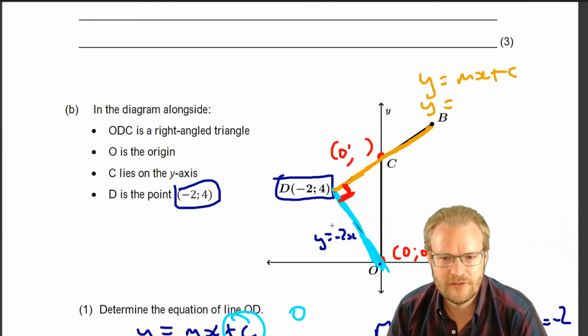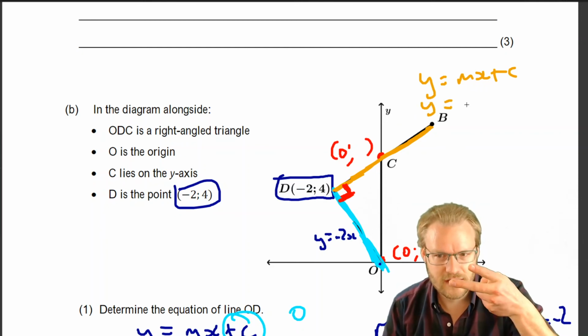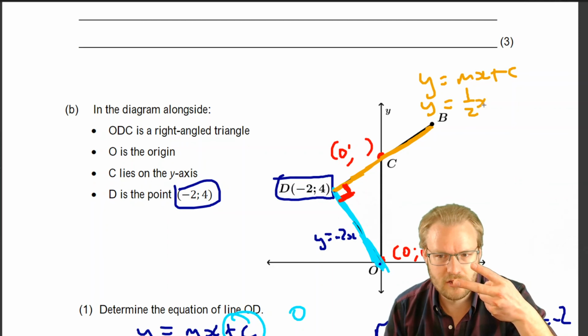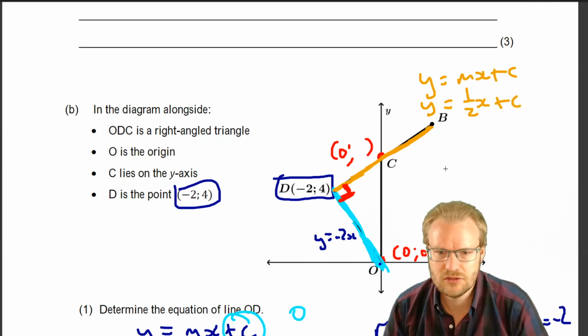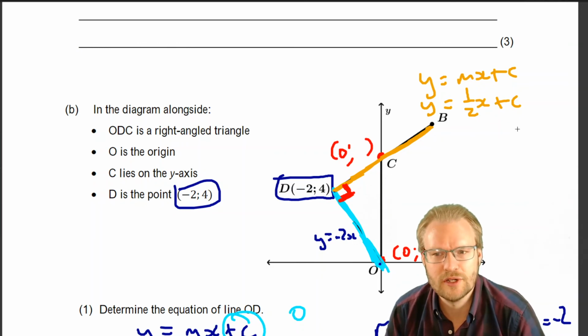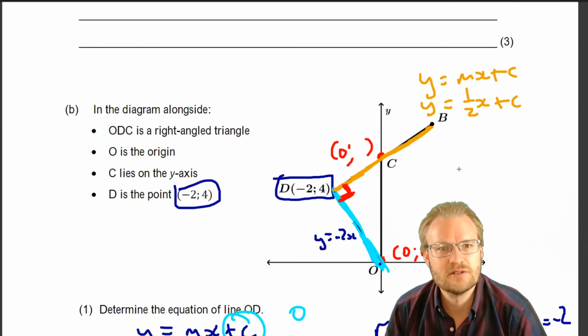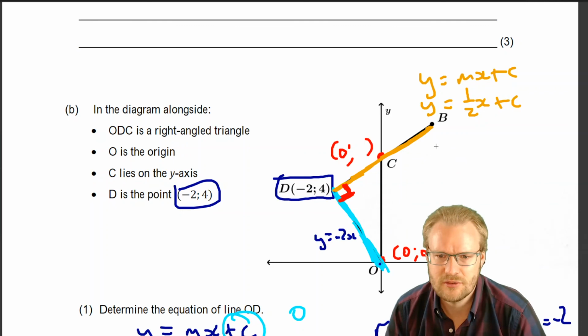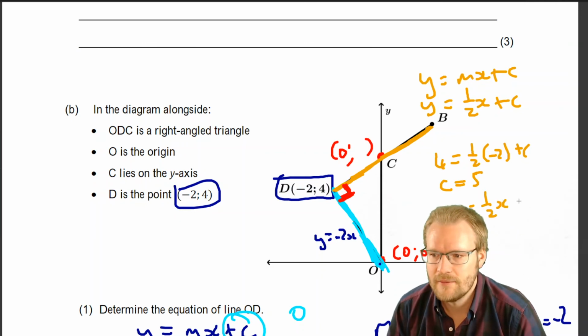Y equals, well, if m is minus 2, take the negative reciprocal, so half x plus c. Cool. If we have that and we've got a point, how are we going to determine what the value of c is? We'll just sub this in. So we're going to sub it in. 4 equals a half times minus 2 plus c. Solve: minus 1 plus 1. C equals 5. Okay, so y equals a half x plus 5.